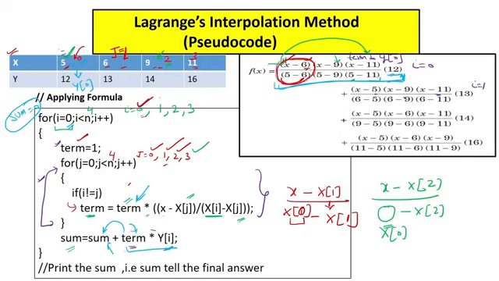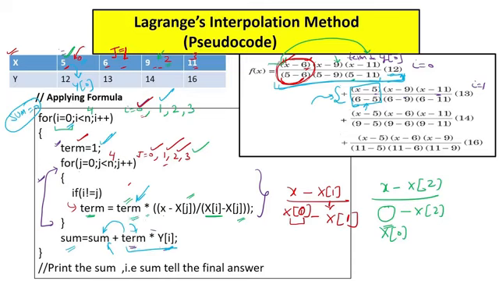Again, for i equal to 1, we will be computing this answer. So for i equal to 1, again we have to refresh this term. Why do we have to refresh this term with the 1 value? Because when we find this answer, this should be multiplied with what value so that we get only this answer? For that, your term should be 1.